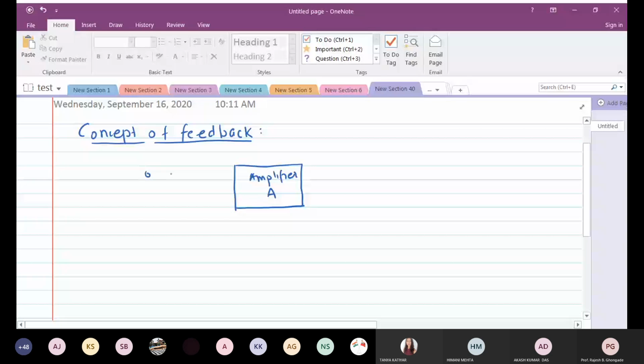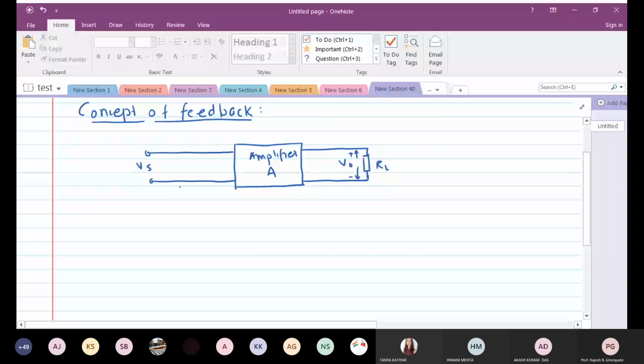Our usual signals Vs. I'm simplifying things and I'm having the load. This is going to be Vout. We mark the polarities arbitrarily for the time being.